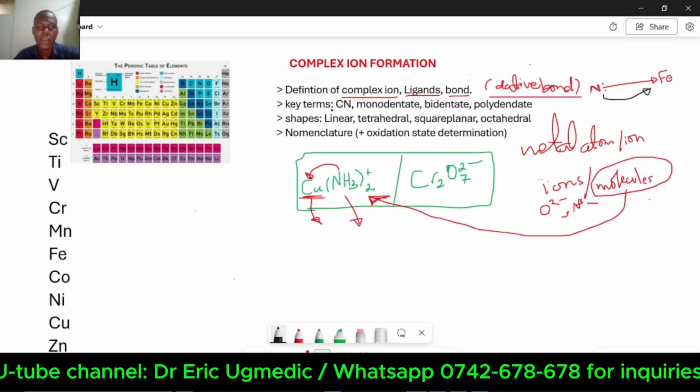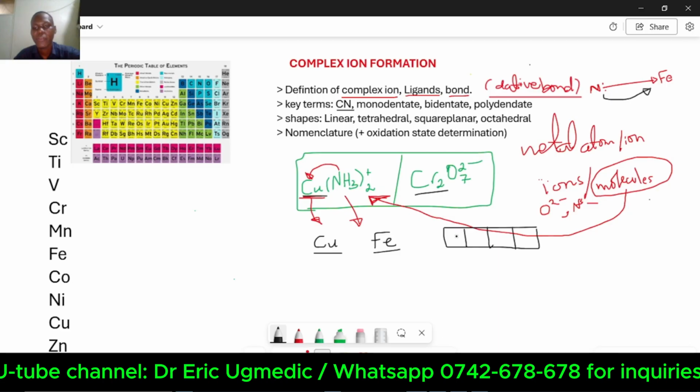We have here what we call coordination number, which I have abbreviated as CN. But before this, we can look at what enables these transition elements to form complex ions. For any transition element to form complex ions, it must have vacant d orbitals, that is, unoccupied. Remember what we've just seen under formation of colored compounds?